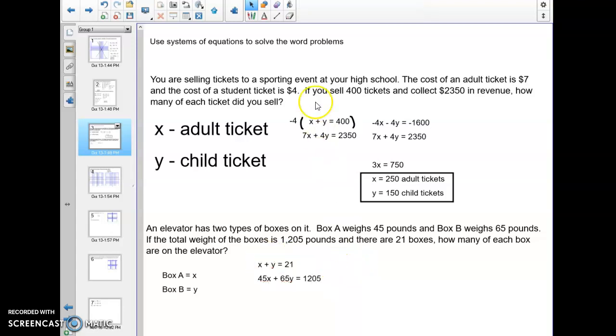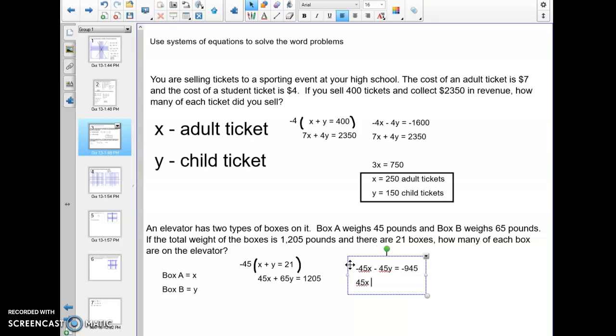And once again, we're going to do our system. So I'm going to multiply just the top by, in this case, a negative 45. And that allows me to get rid of my x. So when I multiply this through, I get negative 45x minus 45y, and that equals 21 times 45, which is a negative 945.